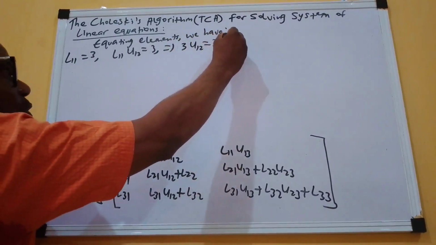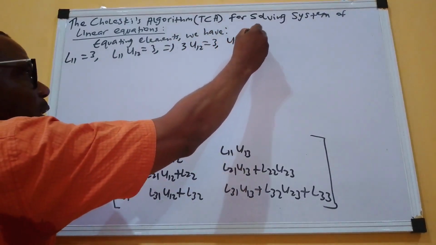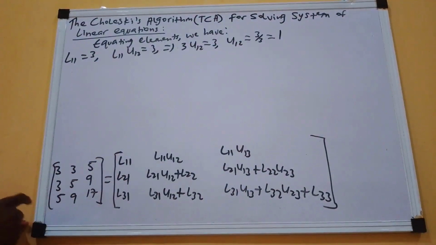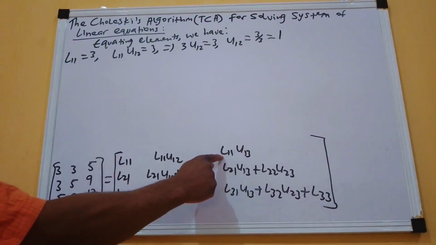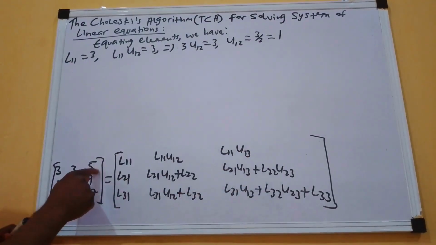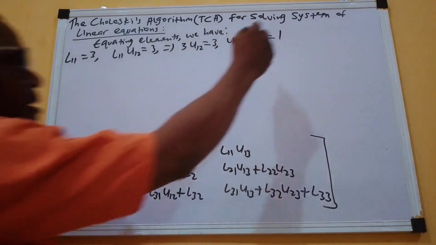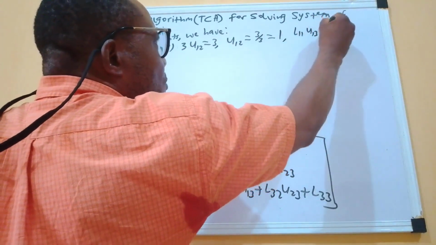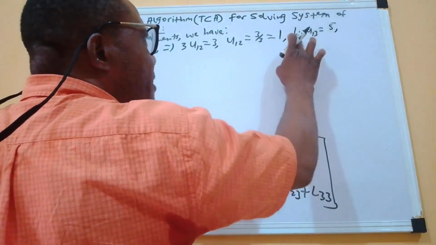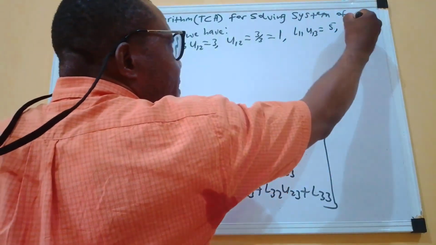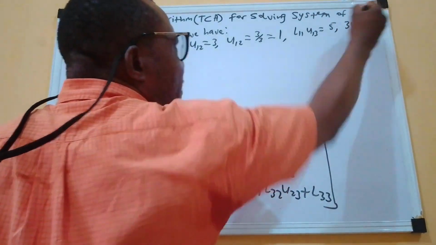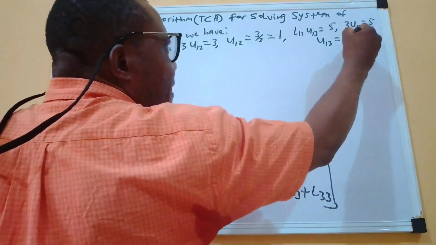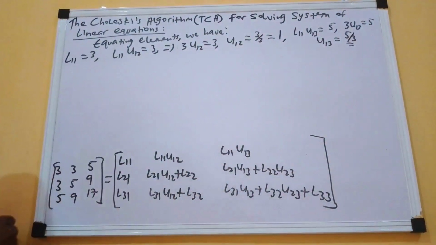So U12 is equal to 3 over 3 is equal to 1. Then again, you come here, L11 U13 is equal to 5. Now, our L11 is 3. That means 3 U13 is equal to 5. It means that our U13 is equal to 5 over 3. You can see the way it is going.